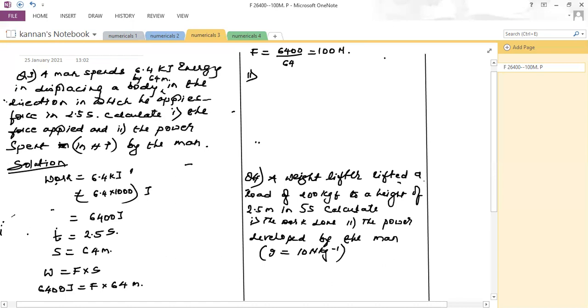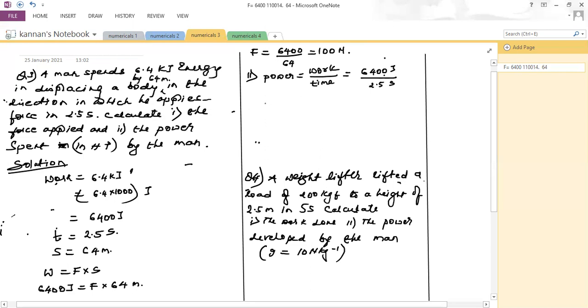Now I go to the second one. Got it? The power spent in horsepower. So power is work upon time. Now, what is work here? Work here, when you look at it, children, he has done 6,400 joules. And how much time is he taking? He's taking 2.5 seconds.